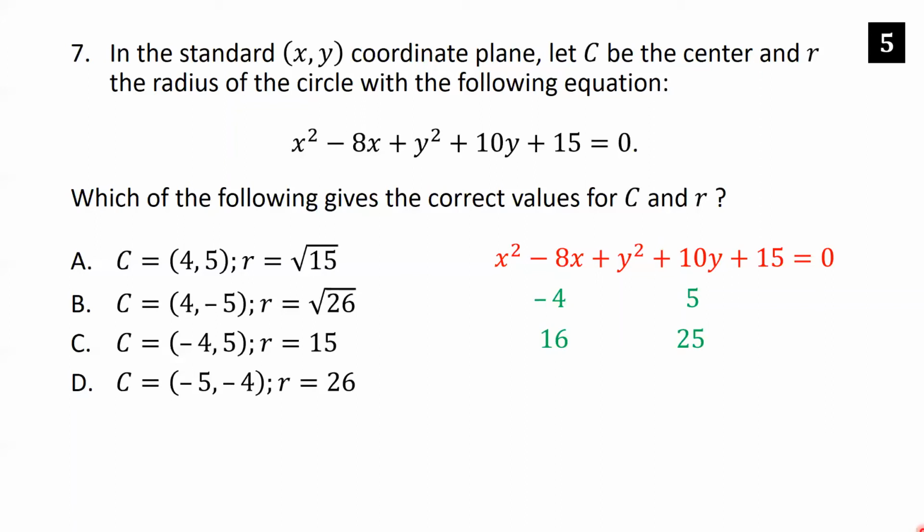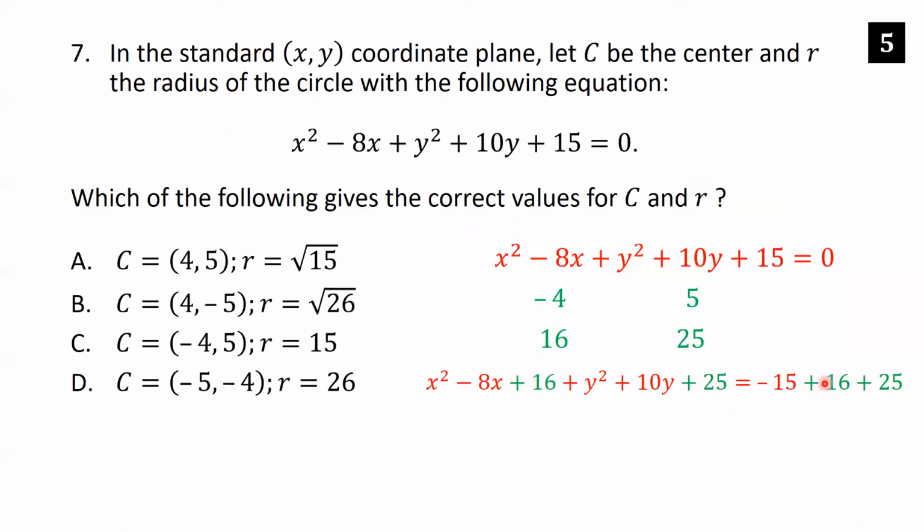Now, these two numbers, 16 and 25, we're going to add them to each side of the equation. So we had x squared minus 8x, and then I'm going to put plus 16. And since I added that to the left side of the equation, I also have to add it to the right side.